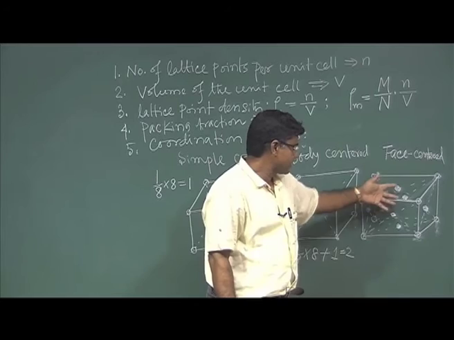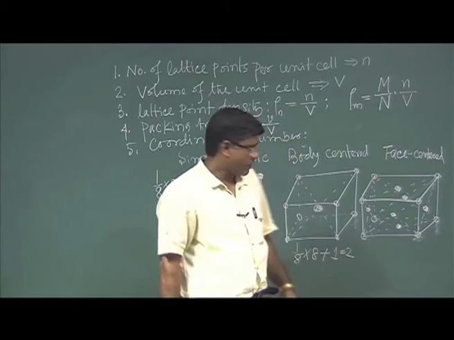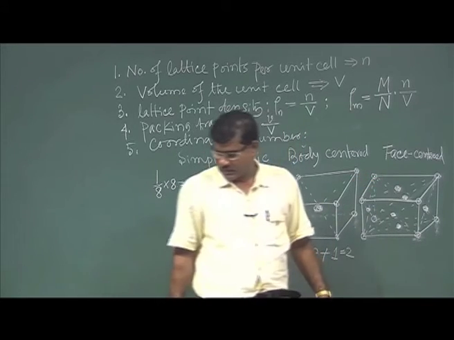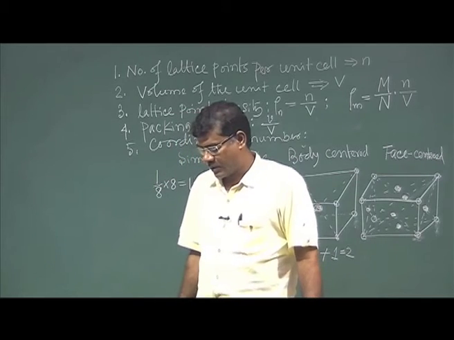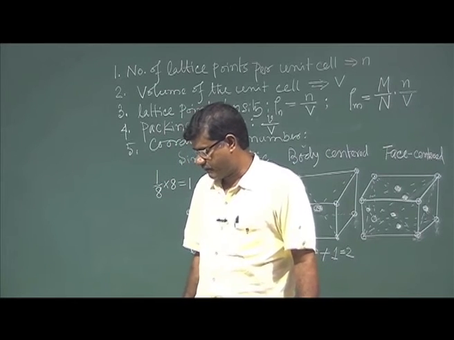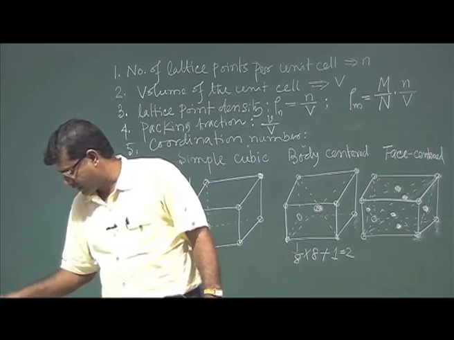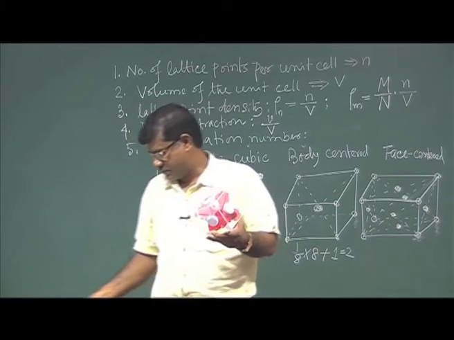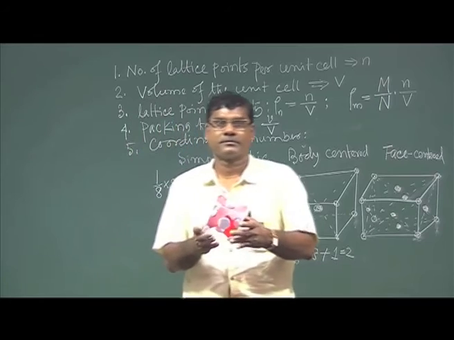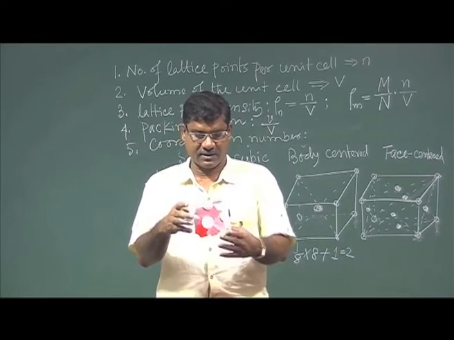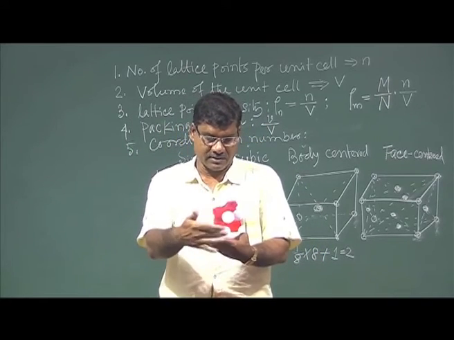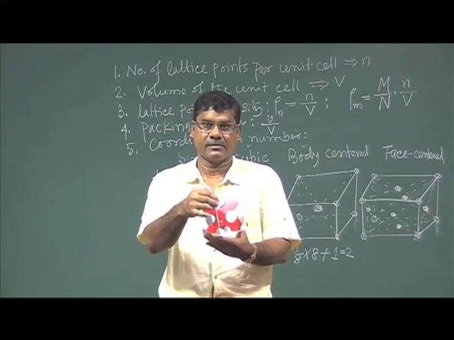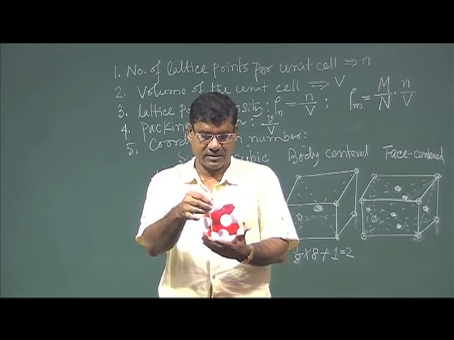Similarly, for face centered cubic, how many will be there? From the model we can see. This is the face centered cubic. You see 8 corners are there, so 1/8 from each corner.